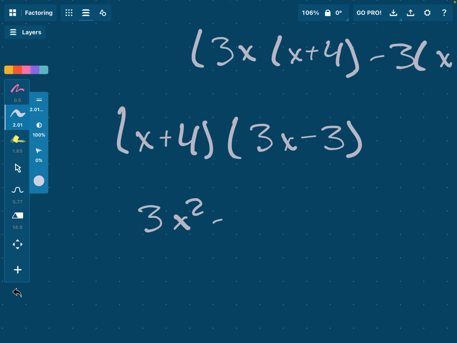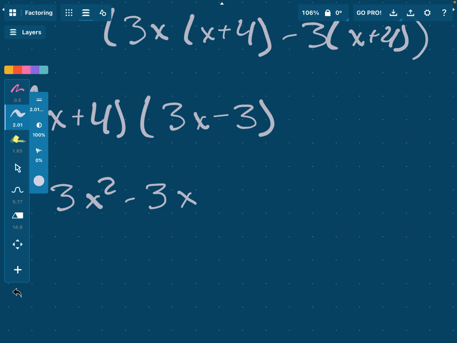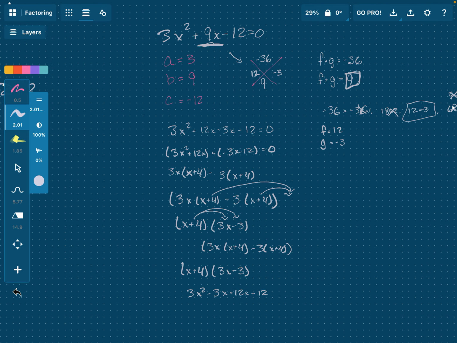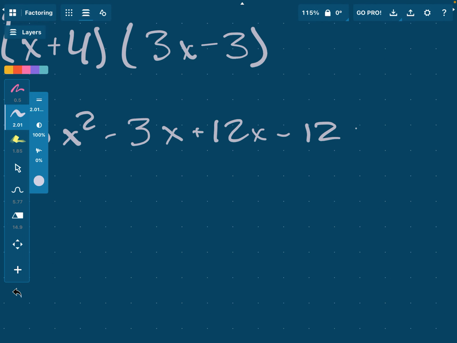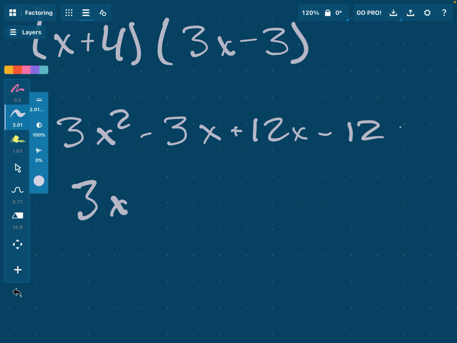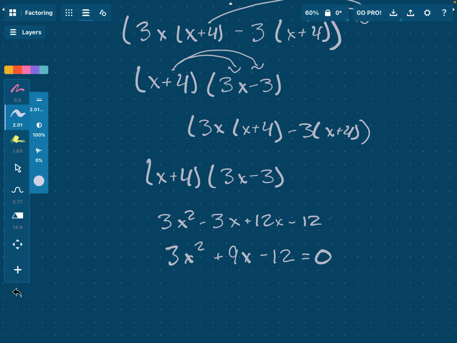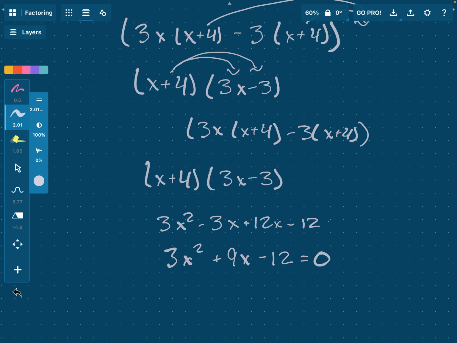X times negative 3 is negative 3x. 4 times 3x is going to be 12x, and then 4 times negative 3 is going to be negative 12. And again, that is our original equation that we had up there as well, since this simplifies to 3x squared plus 9x minus 12 is equal to 0. So we went ahead and proved that these two binomials being multiplied to each other is still our original quadratic.